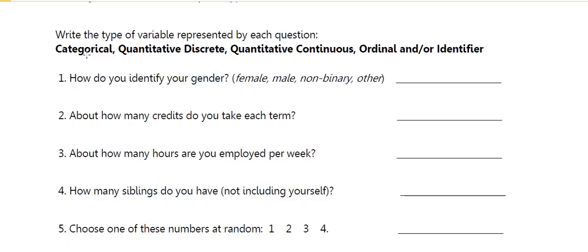So, is it a categorical variable? Is it quantitative and discrete, quantitative and continuous, ordinal, and or, because sometimes more than one of these apply, or is it an identifier? Okay, go ahead and pause it. Write these all in the best you can. Guess if you need to. And then come back.